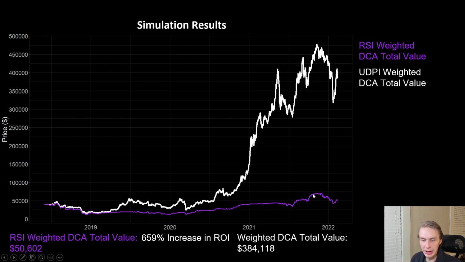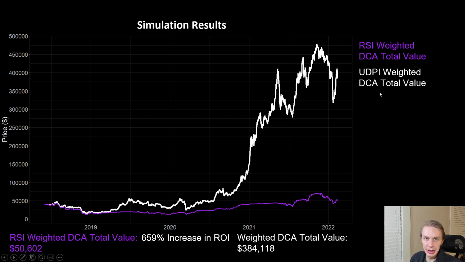So quite disparate in their results. Weighted DCA on the daily RSI is not going to be a good idea. It's just not going to work out very well. And the weighted UDPI strategy, though, would have worked out very well, almost 80% above the market. I think that's quite notable.